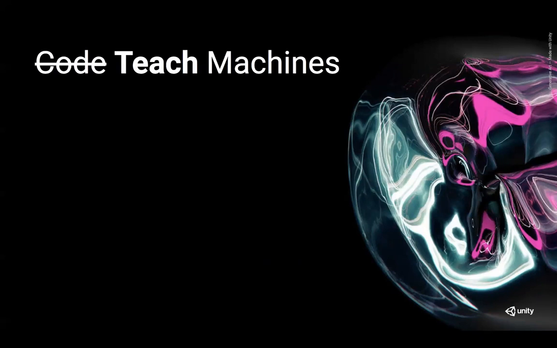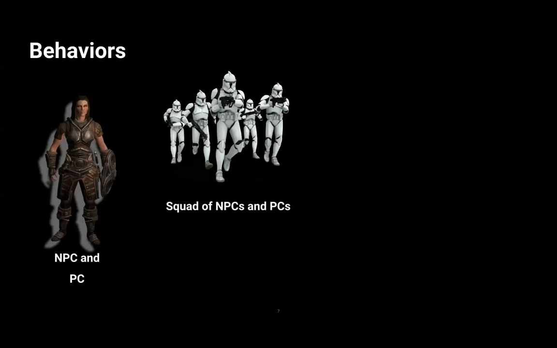So what do I mean by behaviors? In games, there are many things that have behaviors and that you need to create behaviors for. For instance, you could have your player character. This could be the main character. It could be non-player characters that interact with your player character. That's the most basic. Then you have squads of characters. One of them could be your player character, and a bunch of them could be helping your player character.